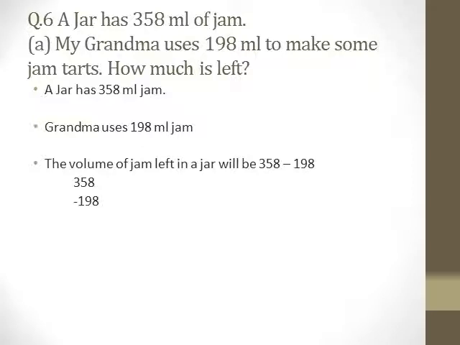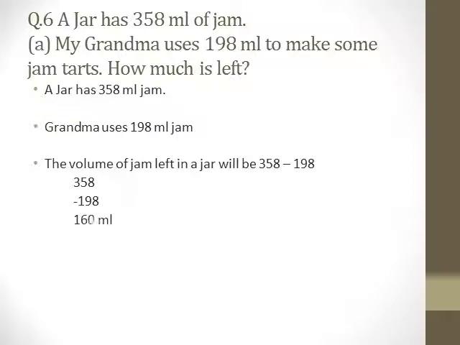When I subtract 8 minus 8, it will be 0, and then 5 minus 9, I cannot take 9 from 5, so I will take 1 carry from 3 and that will be 15. 15 minus 9 will be 6, and now 3 is not 3, it is now 2, and 2 minus 1 will be 1.